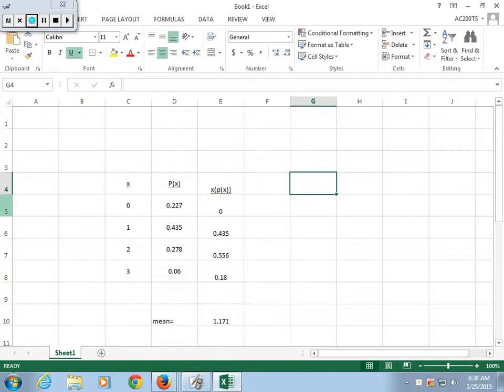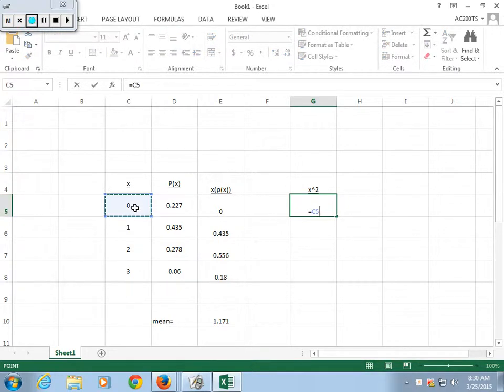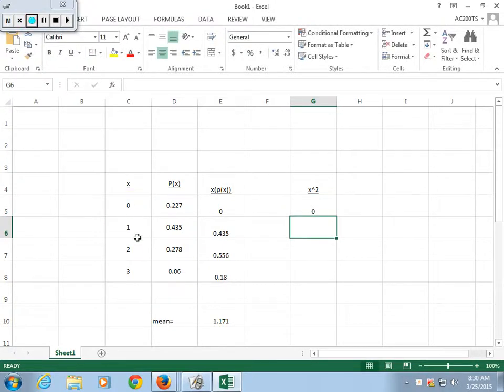What else do we need? Well, we need X squared, right? And that's equal to this quantity squared. I always have somebody say, well, Hubert, you can do that in your head. Yeah, you can do that in your head, but are all these going to be whole numbers all the time? No. And they may not be decimals because you don't have 3.2 events, but you may have 27, 28, 29, and 30.